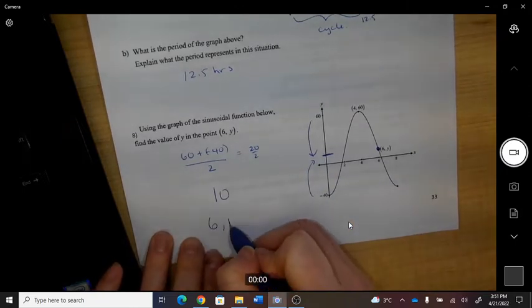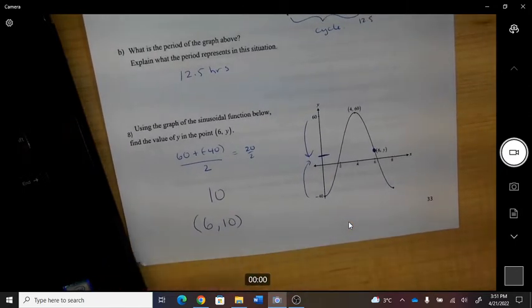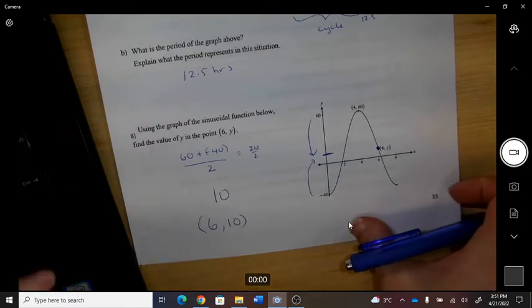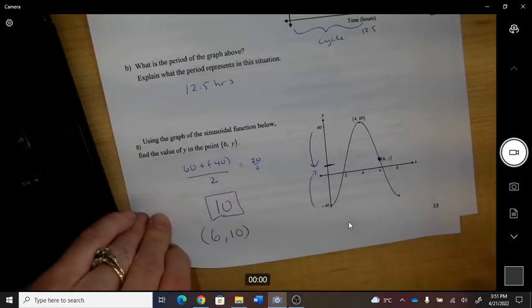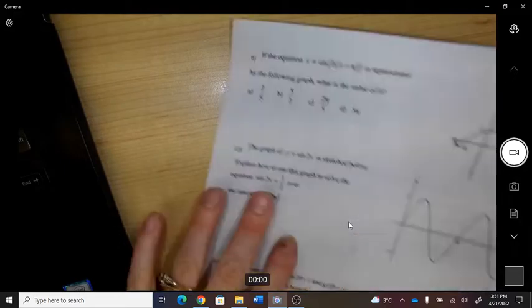So the coordinate is what I'm after, so I better write the whole coordinate, which is 6, 10. Oh, sorry, it just says to find the value of the y. So no, I could just go with 10. Should read the book.